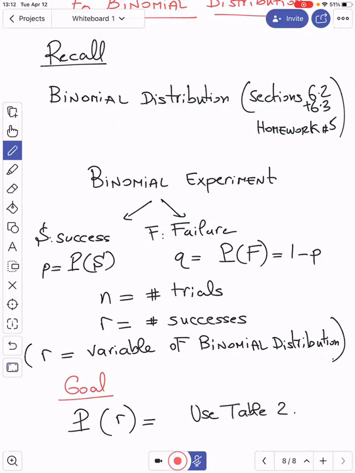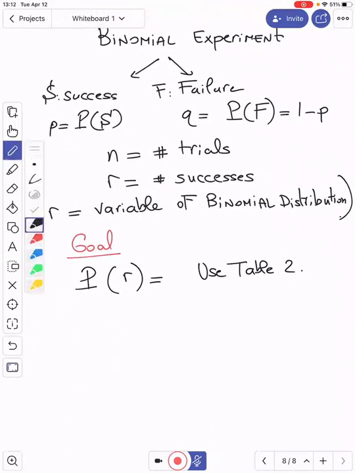But the problem with this table number 2 is that the number of trials N, the largest value of N in the table is 20.